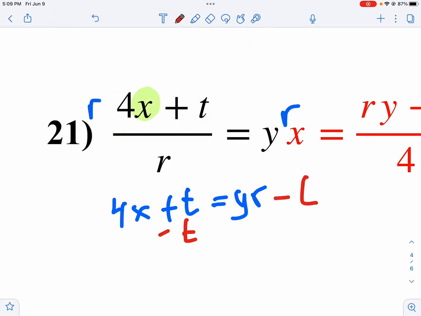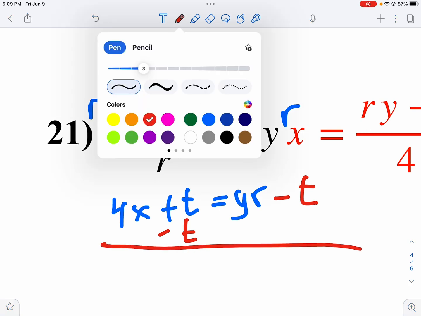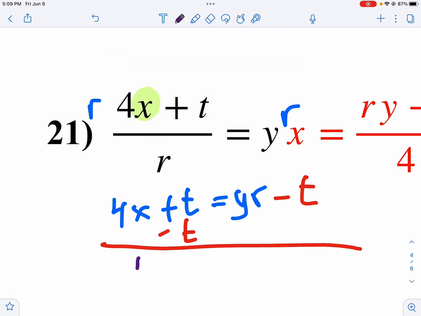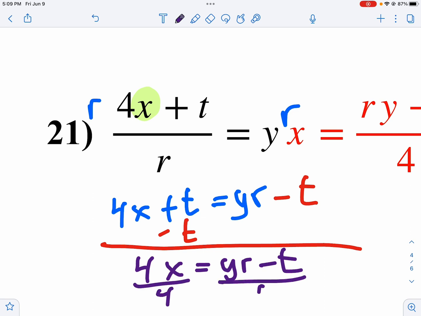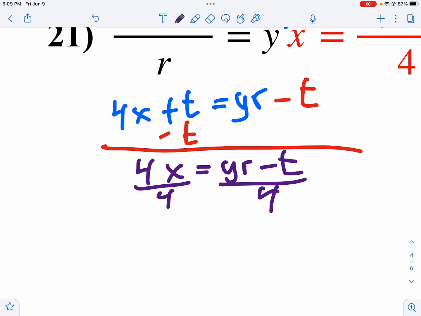I'm going to put the t on the end here because I can't combine it. So then we're going to get 4x equals yr minus t. And then we divide both sides by 4. And so our correct answer is x equals yr minus t, divided by 4. And there's your answer.